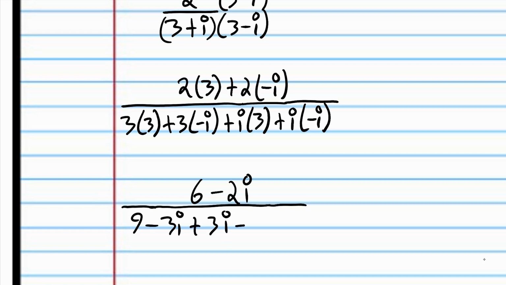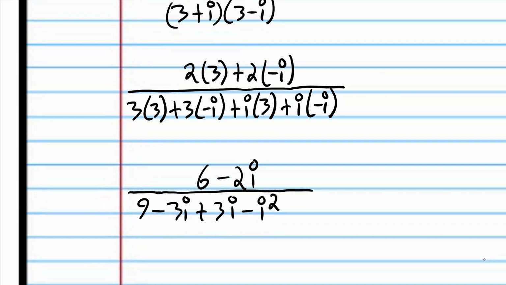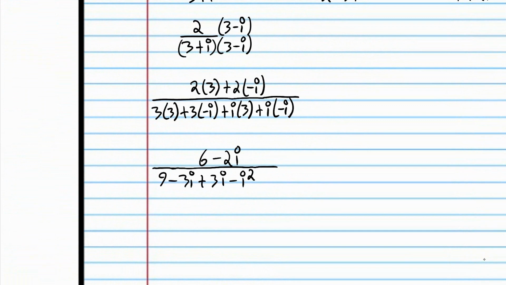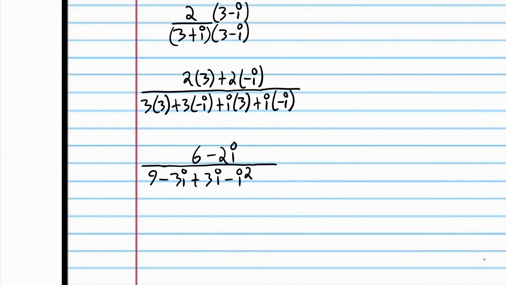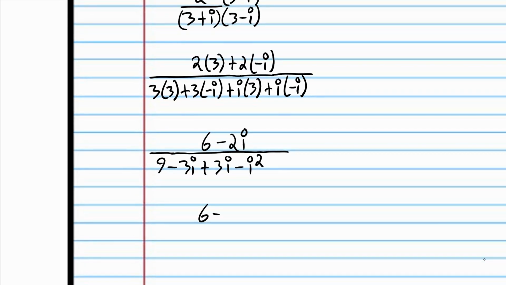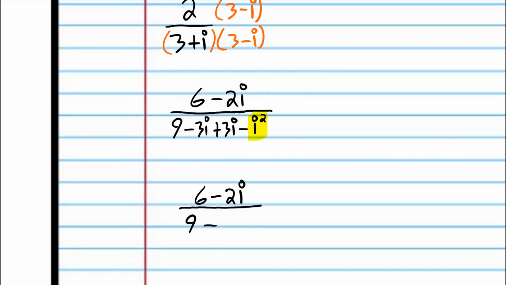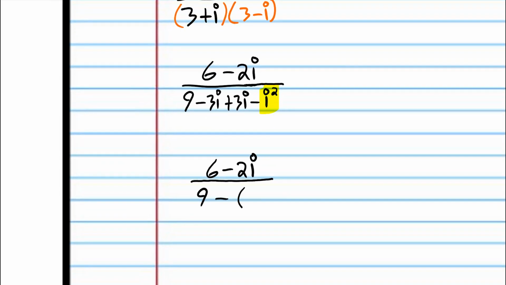And i times negative i is negative i squared. But what's special that happens in the denominator, you can see these cancel out. You got negative 3i and positive 3i. So those cancel out, and you're left with 9 minus i squared. And i squared is negative 1.